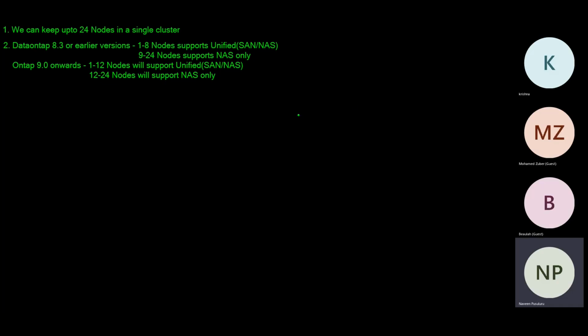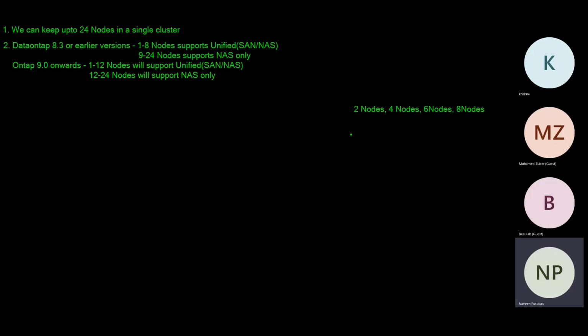What if I have only 4 nodes in my cluster? It is not like you need to have the complete 24 nodes. Based on your requirement, you can purchase 2 nodes or 4 nodes or 6 nodes, 8 nodes. The number of nodes in your cluster must always be even, not odd.